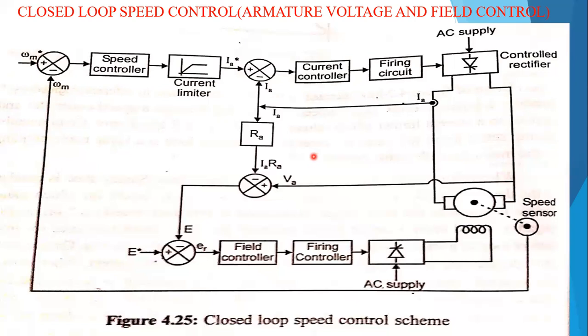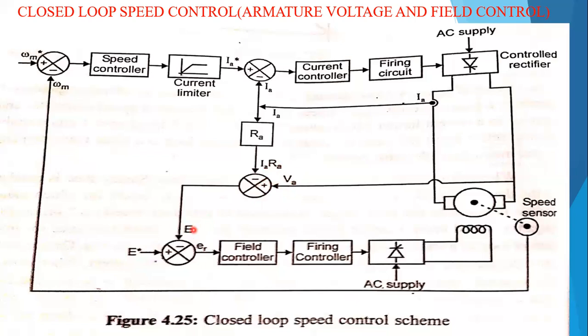When you are closer to the base speed, VA is almost near the rated value and the field controller comes out of saturation. Understood? Above rated speed, E is equal to VA minus IA into RA. Am I right?